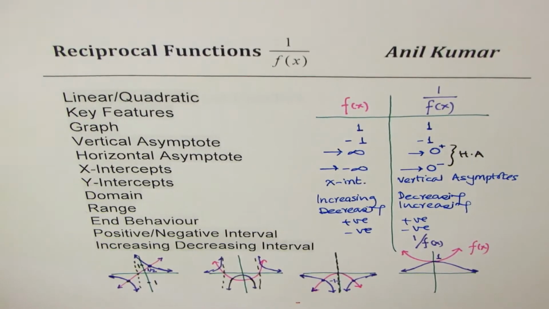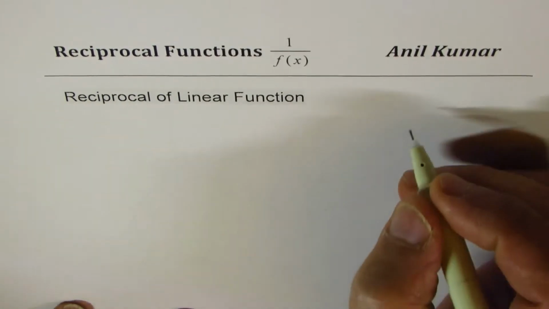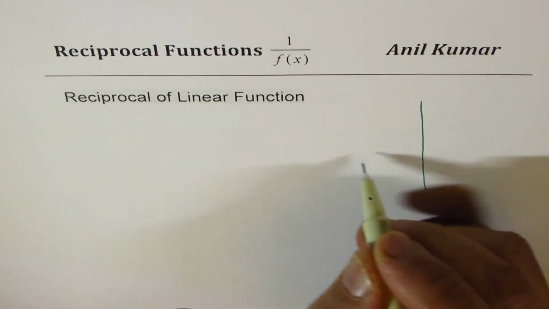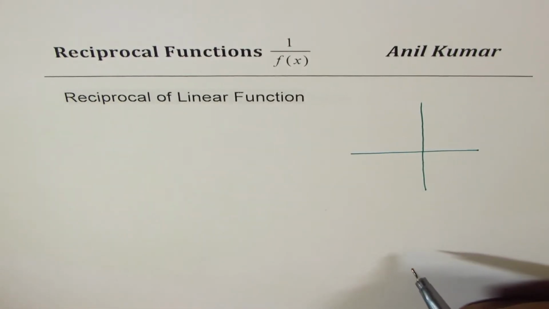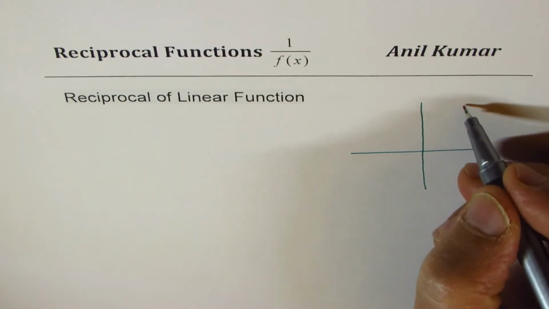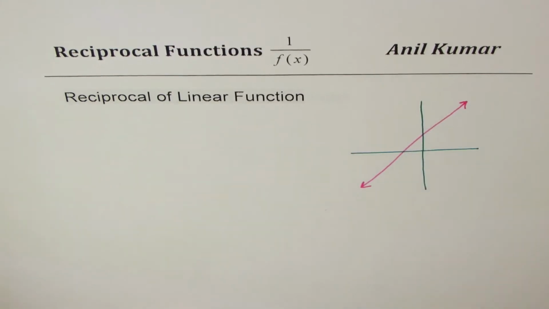Now let's consider reciprocal of linear function in slightly more details. So let me sketch one here, and then we'll write its characteristics. So let us say that we have a linear function, kind of like this.